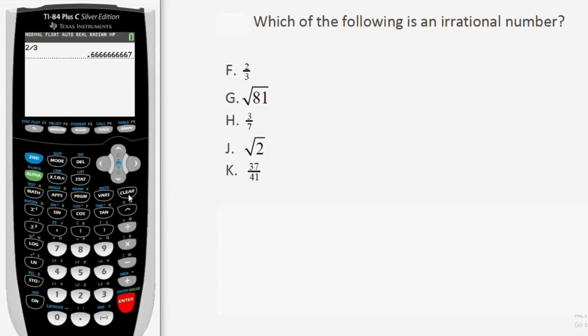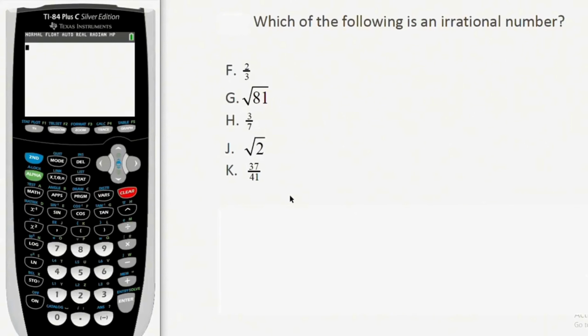So if we check, let's remove this. Square root of 81 is 9. So it cannot be option G because 9 is not an irrational number. Rather, 9 can be classified as a rational number. It can be expressed as a ratio of two integers.